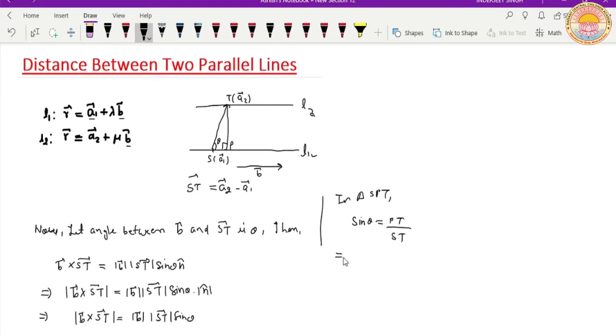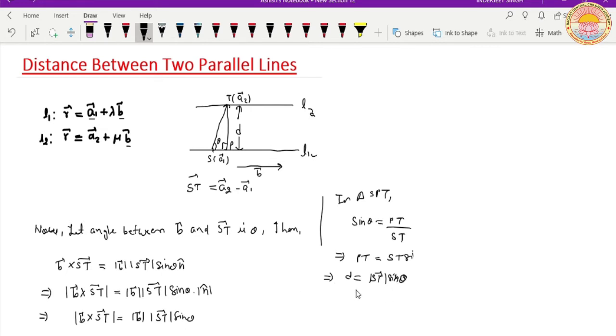It means PT is equal to ST sin theta, and ST is the magnitude of vector ST. If we consider that PT is equal to D, then D is equal to magnitude of vector ST sin theta. Clear?